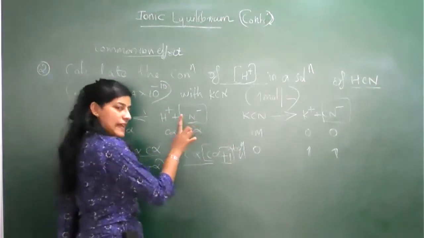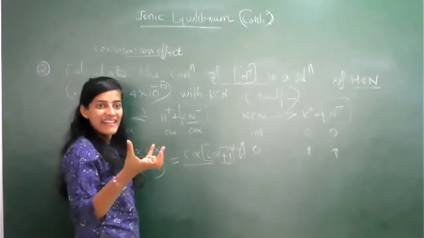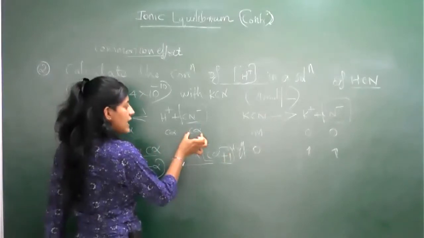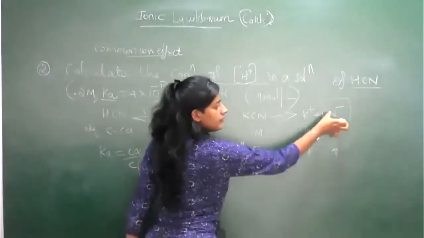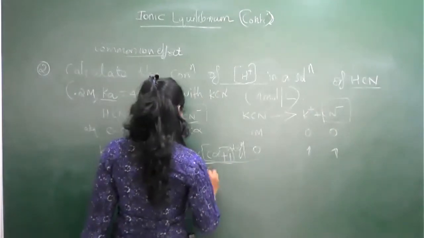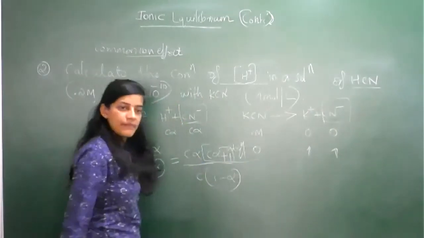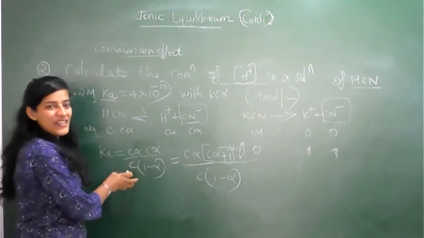This is related to cyanide, so both cyanide you want to consider. They are mixing, so initially from HCN C alpha and then 1 from that KCN cyanide, then divided by C into 1 minus alpha. K plus? No need for K plus because it is not considered in this equation.